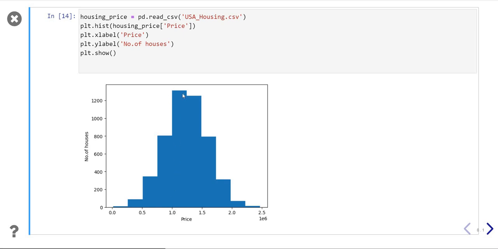This one, the 1 million bar. This has the most number of houses. Do you see that? This means out of the 5,000 houses that we have plotted, I do not know the exact number here, but around 1,200 houses are within that 1 million range category.